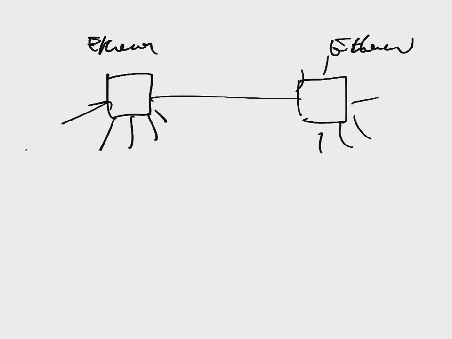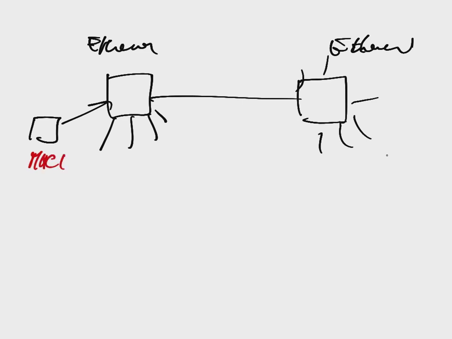And routers work something like this. Here may be one of the Ethernet segments, and here may be another Ethernet segment, and some connection here, and one device may be sending an Ethernet frame where important data follows.